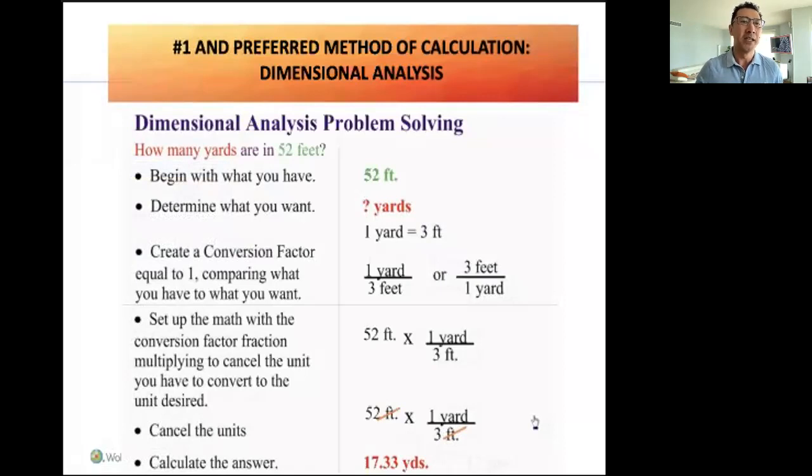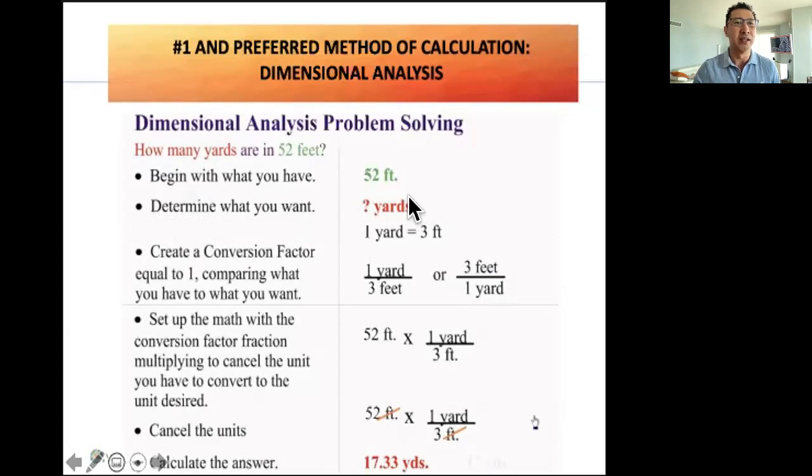Okay. So dimensional analysis. Step 1, begin with what you have, determine what you want, create a conversion factor, and set up the math with the conversion factor. Now we start doing that cross multiplication stuff and cancel the units. So in this case, how many yards are in 52 feet? Begin with what you have. I have 52 feet. Determine what you want.